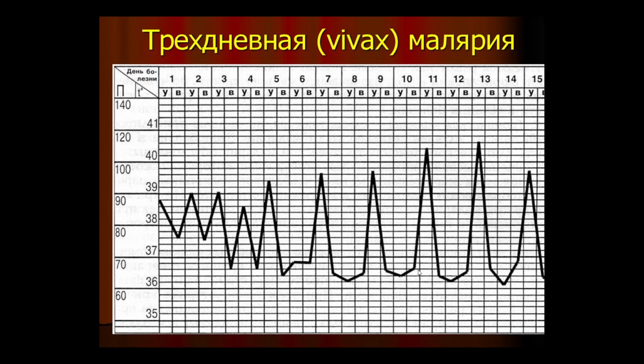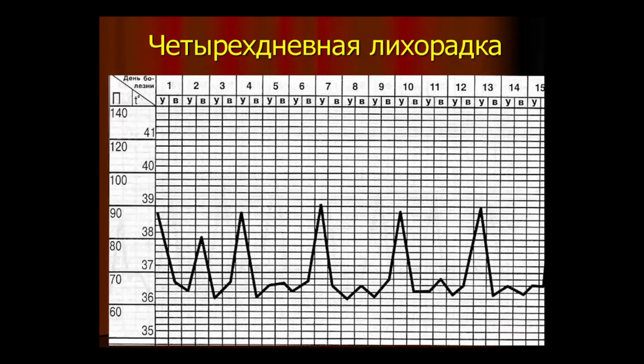Every 48-hour cycle, on each third day, or we can say every other day, the temperature is present. On the 10th, temperature present, on the 11th, temperature absent, 12th, temperature present. Temperature every other day. That's vivax malaria.